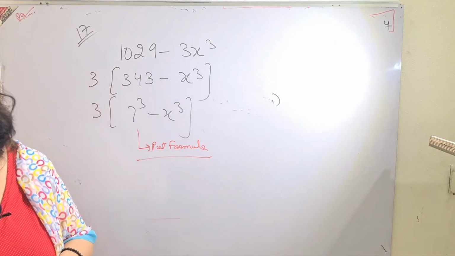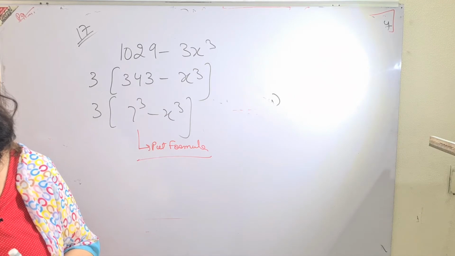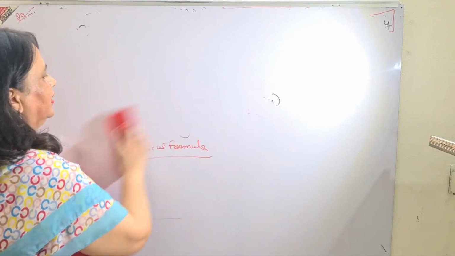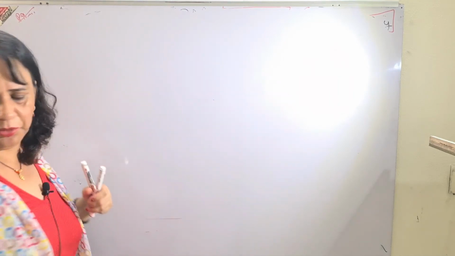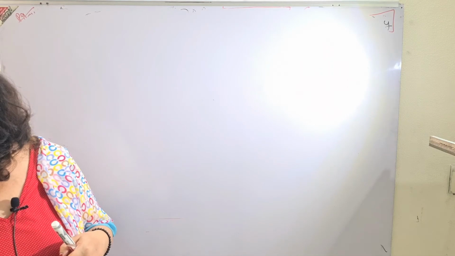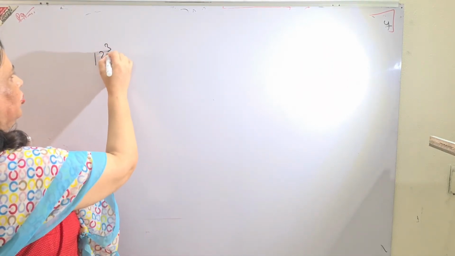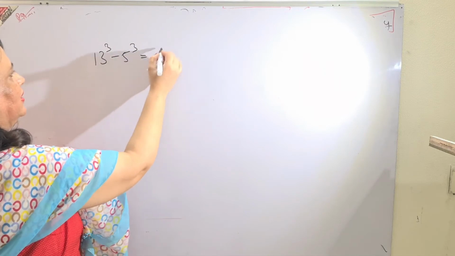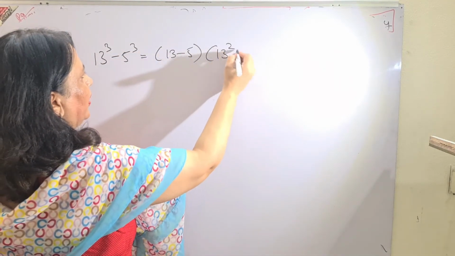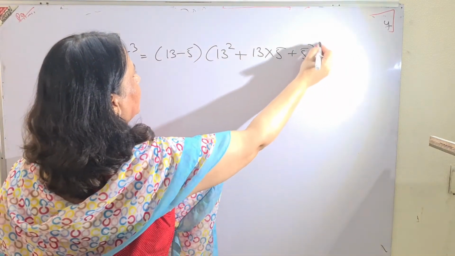Coming to question number 18, you have to show that 13 cube minus 5 cube is divisible by 8. I will do the first part, as the first and second parts are the same. So you just have to put the formula, children. 13 cube minus 5 cube means 13 minus 5, 13 square plus 13 into 5 plus 5 square.